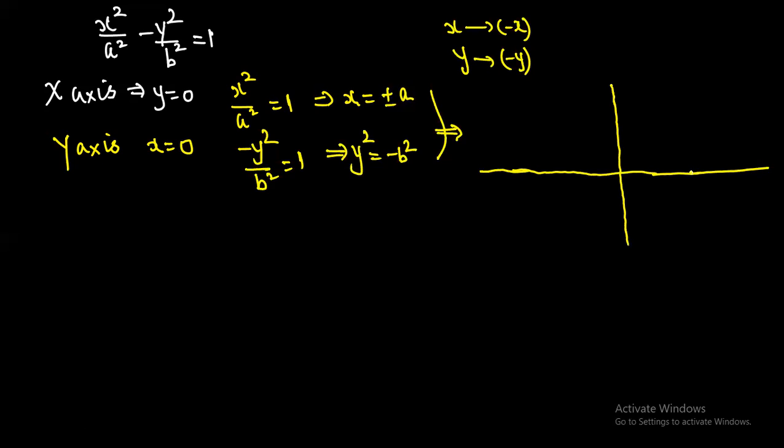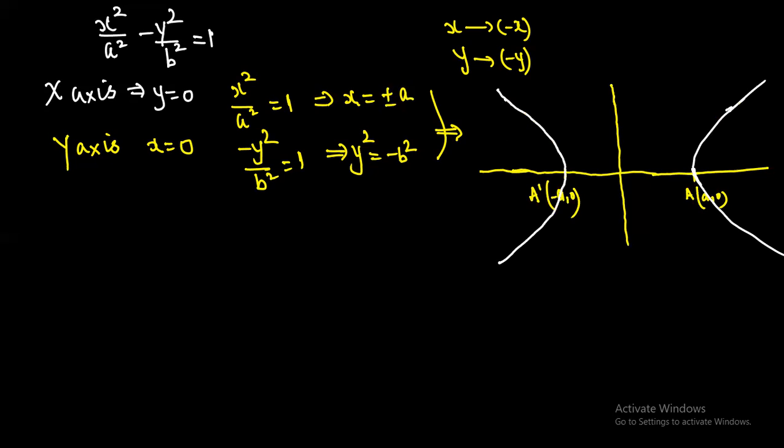It will intersect at point a comma 0, and second point is minus a comma 0, and the graph is like this. It goes here and it goes like this. It will never intersect the y-axis.